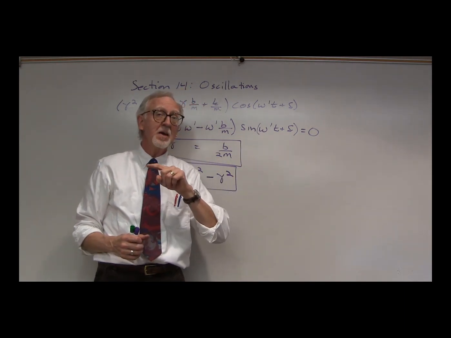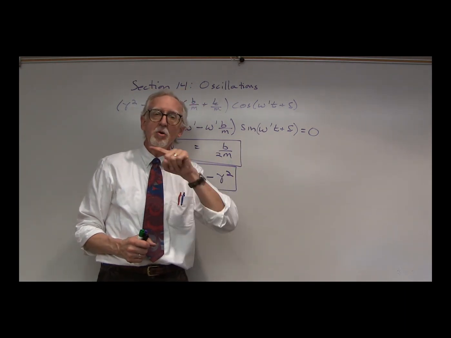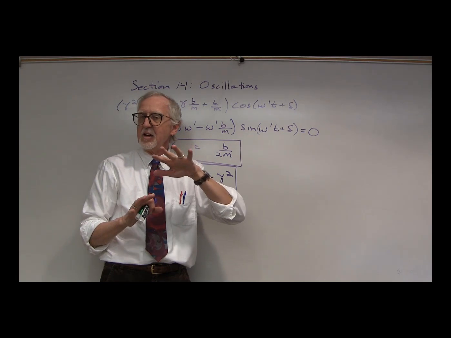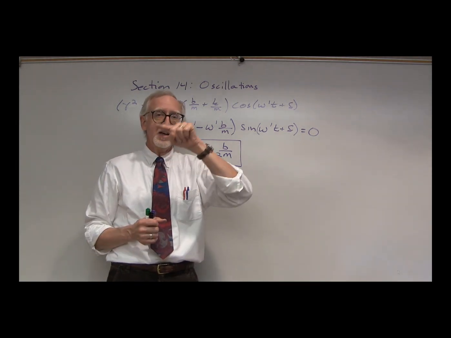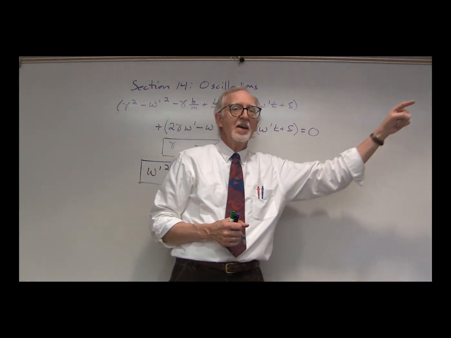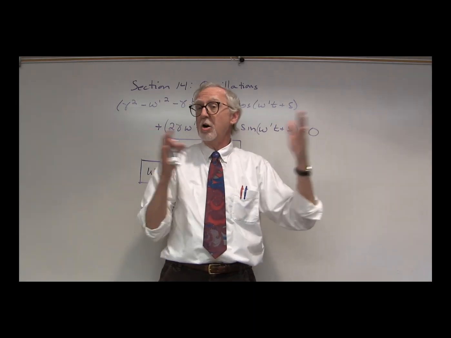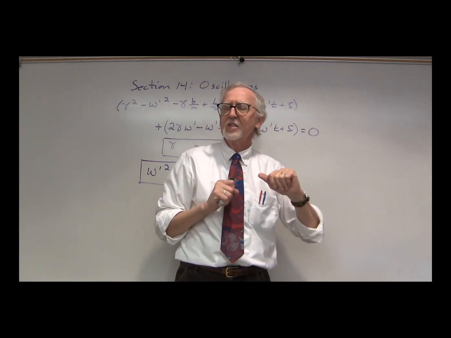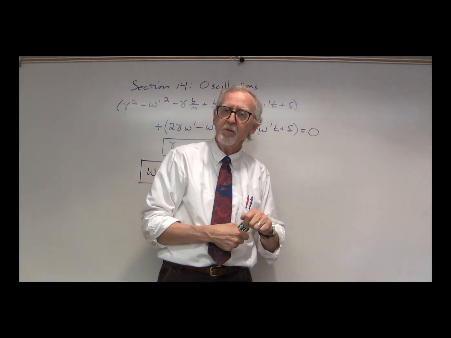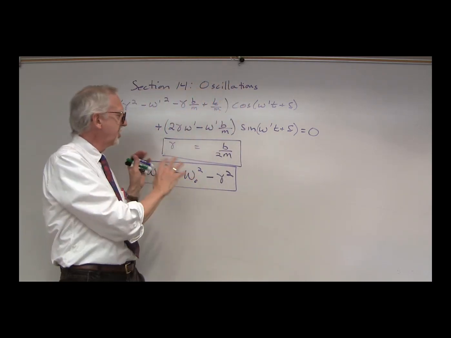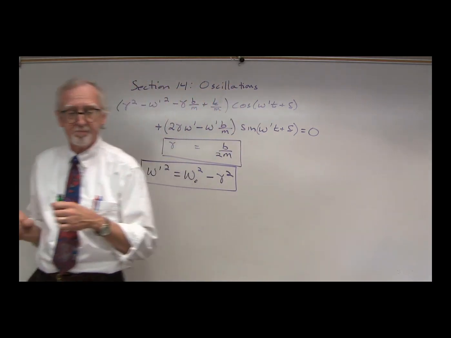But with damping, the damping slows down the motion. It makes the oscillator move more slowly, and so it's going to oscillate at a longer wavelength or smaller angular frequency. Okay, very good.